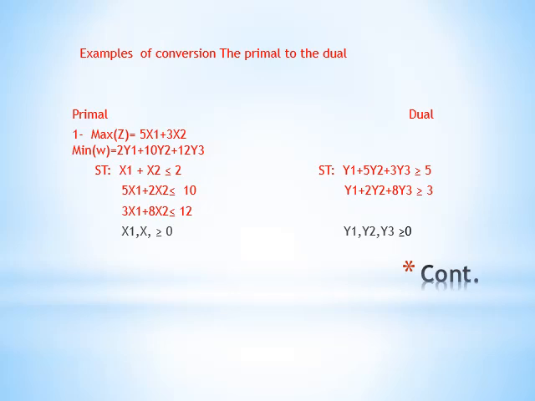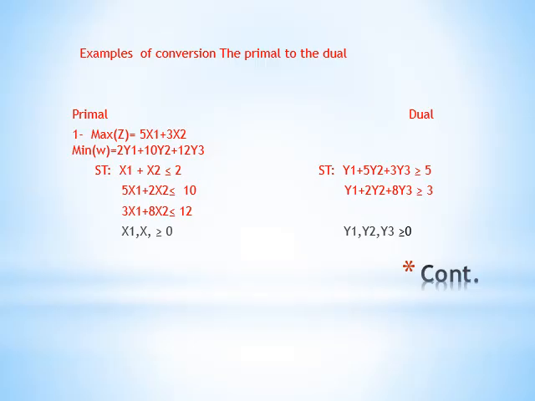The dual version has 2 constraints because the primal has 2 variables. The coefficients of the variables of the dual are the constants of the constraints from the primal.